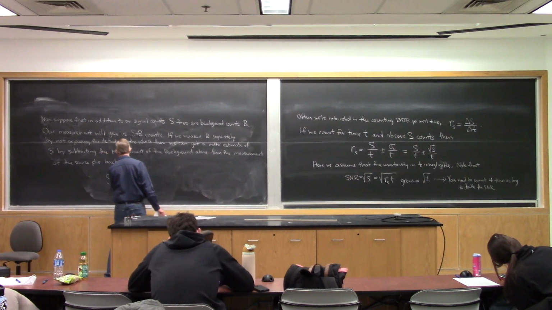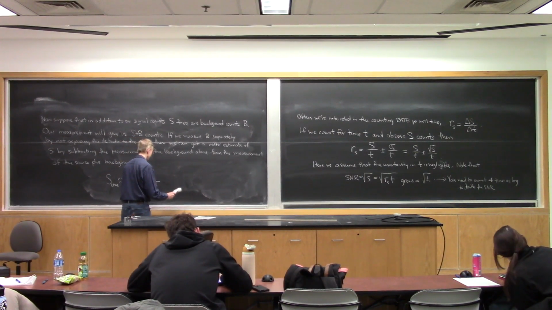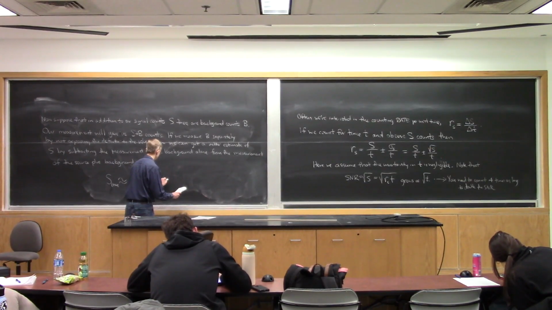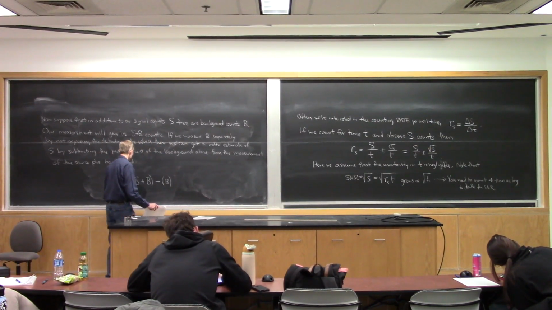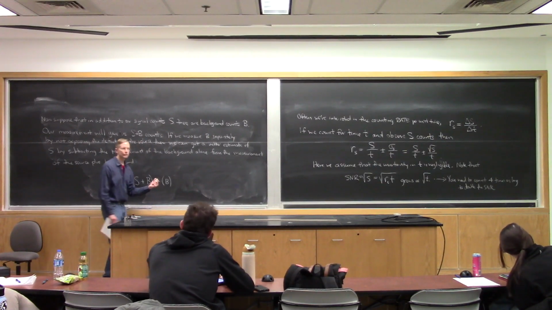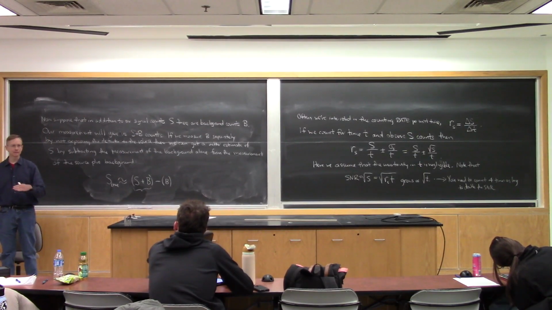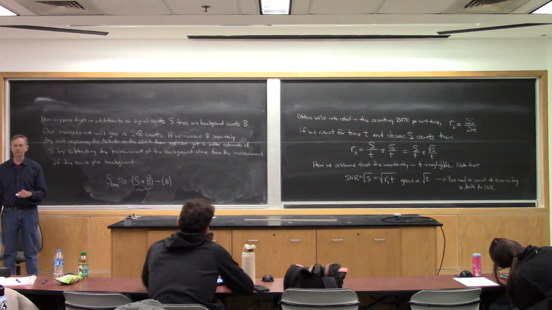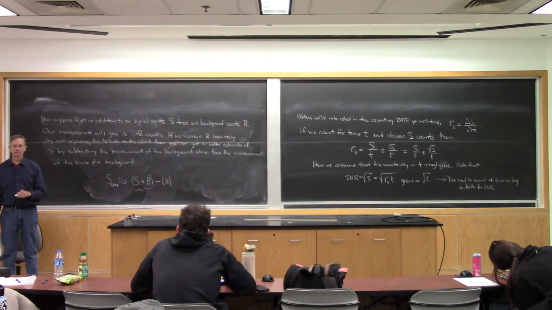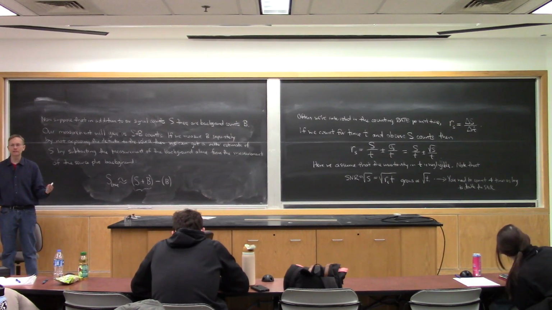Well, that should be approximately equal to, you're going to use a slightly funny notation here, S plus B minus B. And I say approximately because if I measure the background, am I going to get the same result every single time, the same number of background counts every time I measure? No, because like anything else, there will be statistical fluctuations.